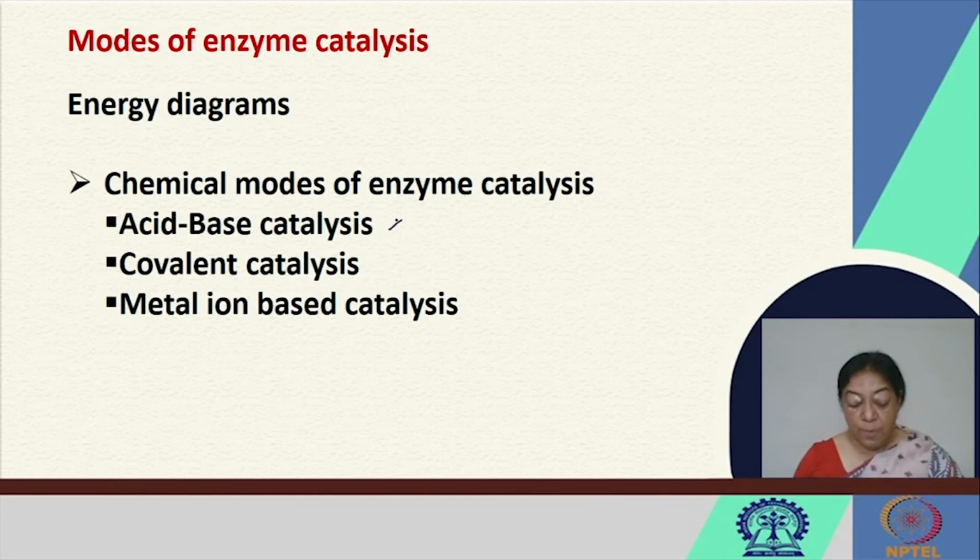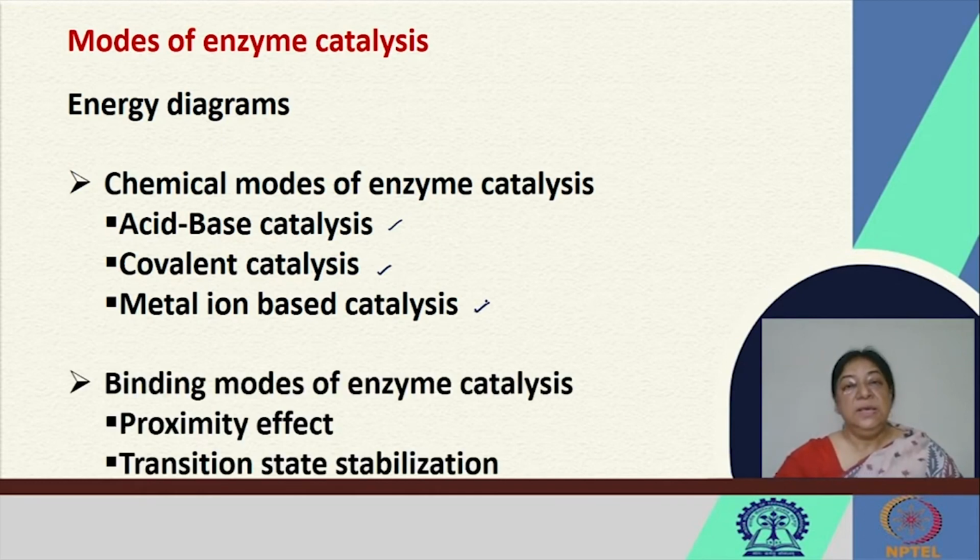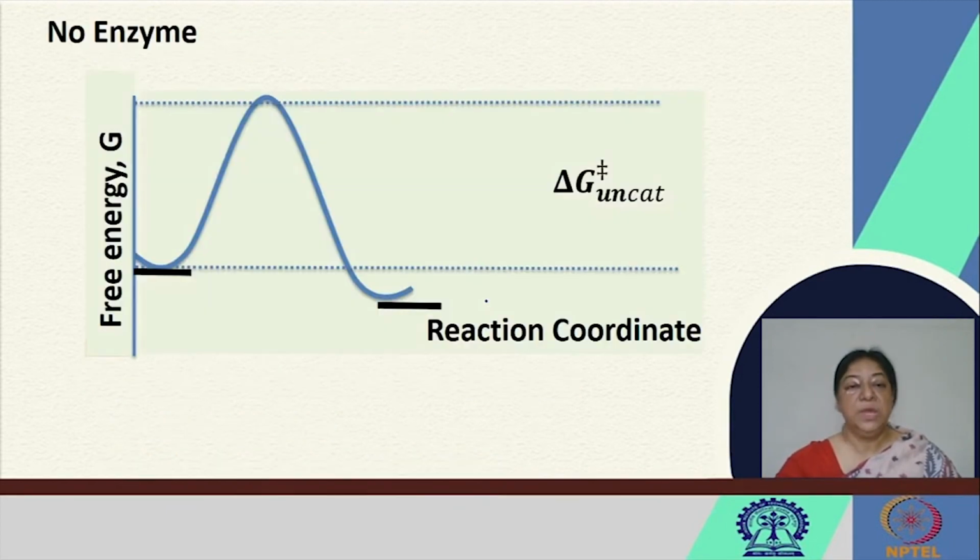If we go about looking at acid-base catalysis, which are the specific amino acid residues involved? In covalent catalysis, and a bit about metal ion based catalysis. In this, we understand that it is important for the enzyme and substrate to be in close proximity. So we will also be looking at the diffusion controlled understanding of how this is possible.